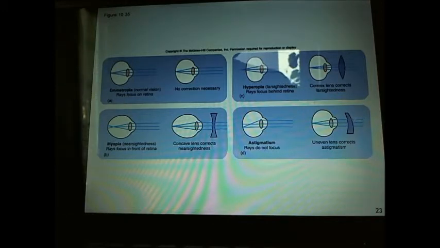Okay, going on from there, again we talked about visual acuity, accommodation, and presbyopia, why it occurs. The blind spot. The blind spot is where the optic nerve comes into the back of the eyeball, generally at the optic disc. There are no rods or cones there, so you have nothing to pick up the light.